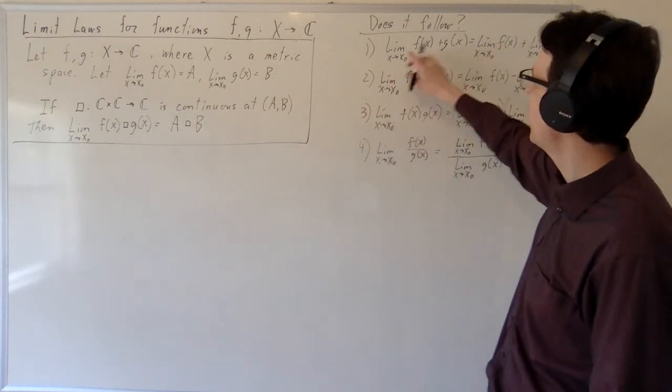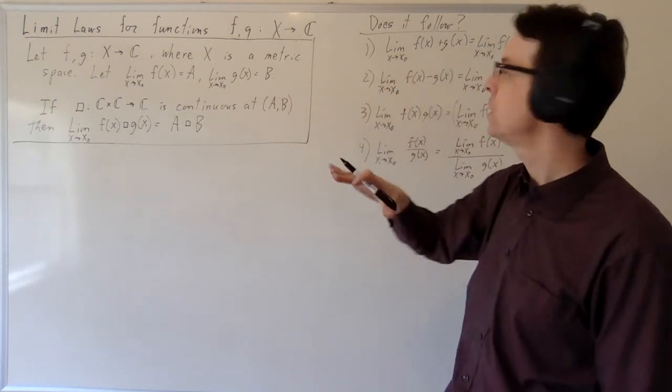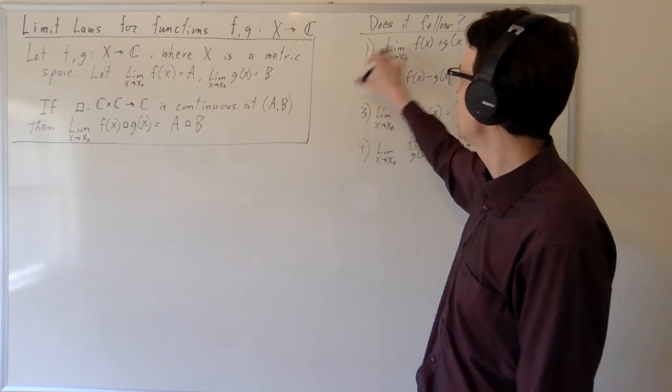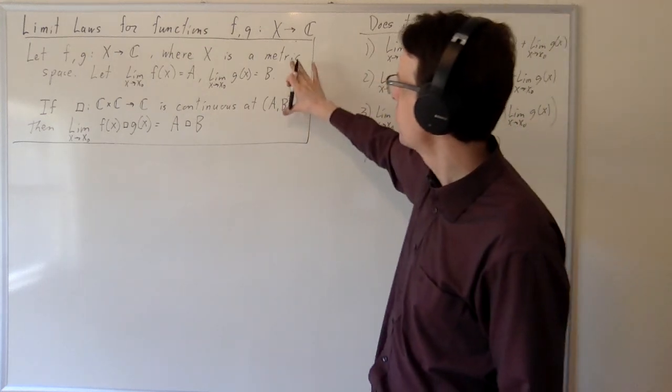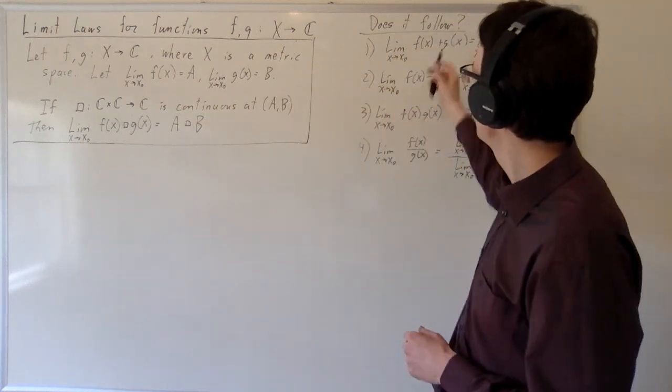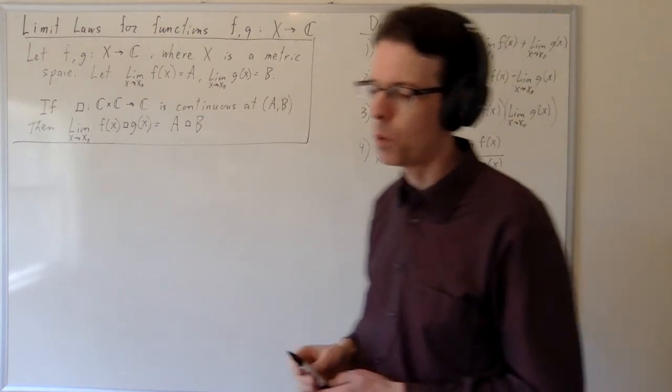Now, technically, I don't have to do number one because in a previous video I did number one, but I did it directly. And I want to illustrate the power of this method. So I'm going to make number one derive from this instead by proving that plus is continuous. This is a pretty straightforward proof.